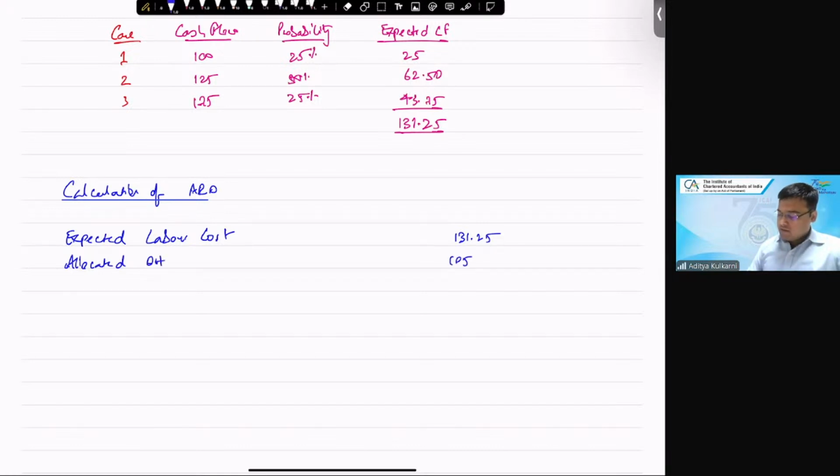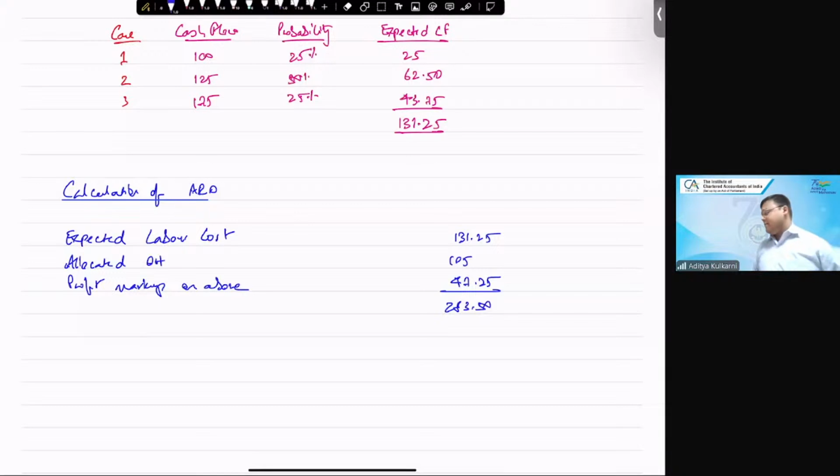Allocated overheads 105. Profit markup, that also we have calculated above, so that comes to 47.25. So this total comes to 283.5.